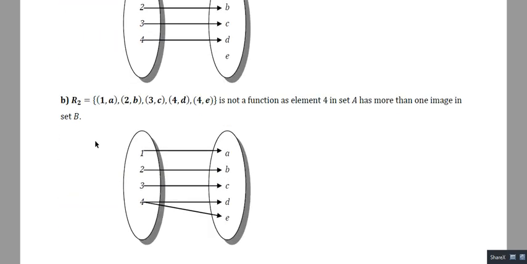So let us take one more example, relation R2. Let us verify whether this is a function or not. So it is 1a, 2b, 3c, 4d, 4e.